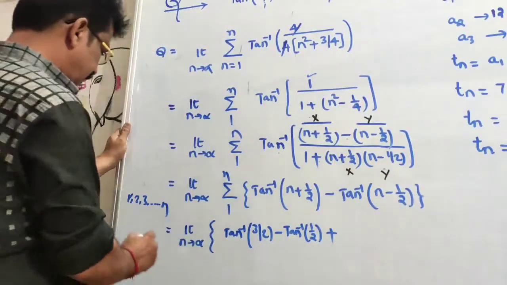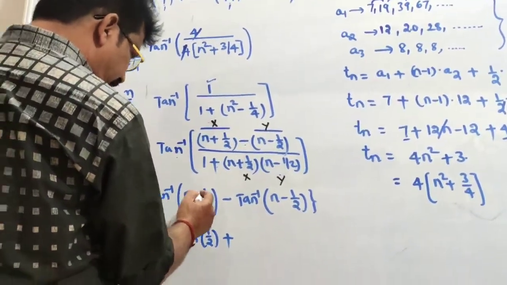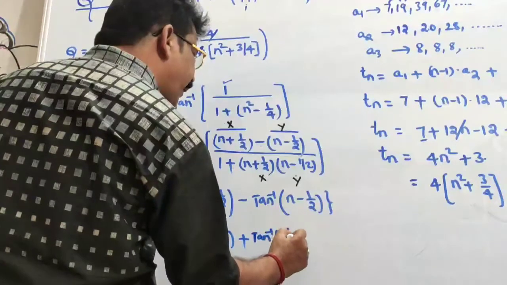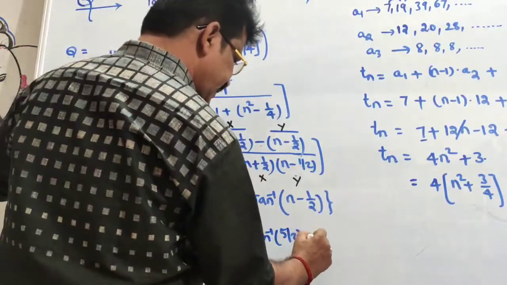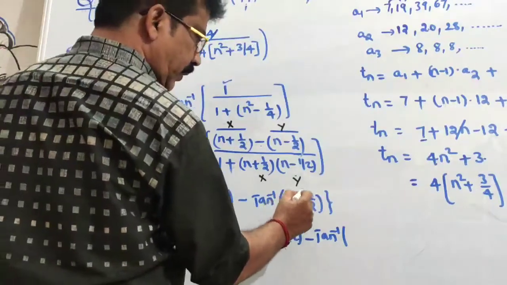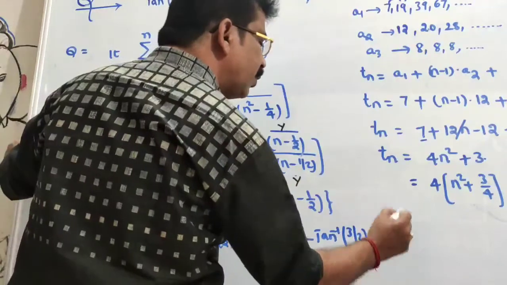Next plus, put n equal to 2. 2 means 2 plus 1 is 3, so 5 by 2. Tan inverse of 5 by 2 minus tan inverse of 3 by 2. Okay. Plus and so on.